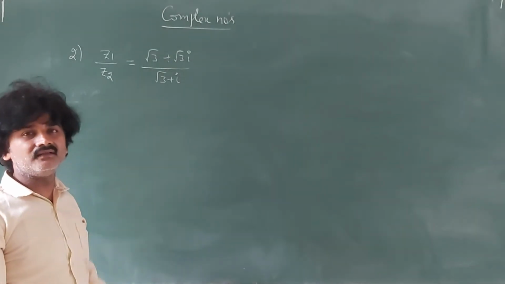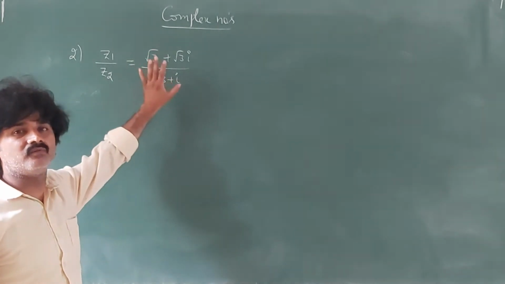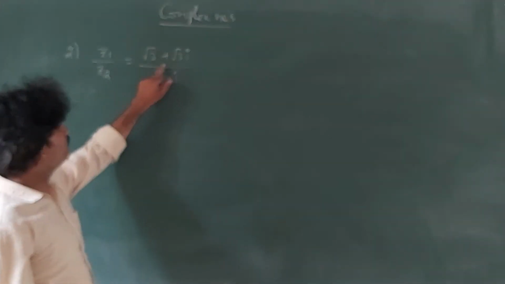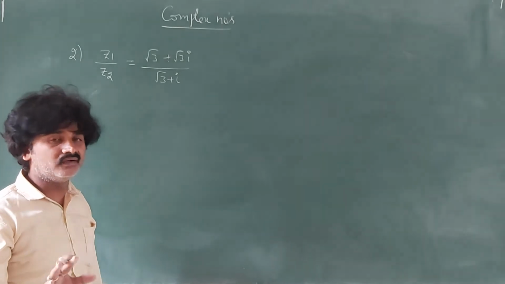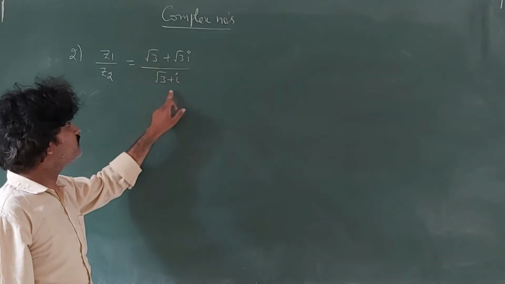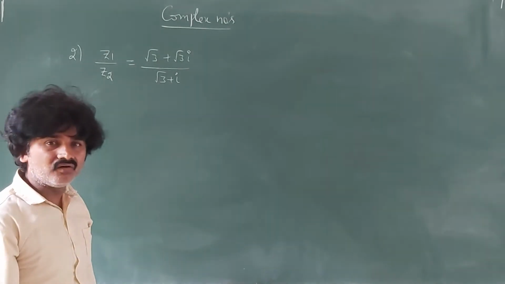You cannot say what its imaginary part is. And you cannot say in which quadrant it lies. So the denominator must be only what? Right, real. So to make this root 3 plus i real, let us multiply with its conjugate.